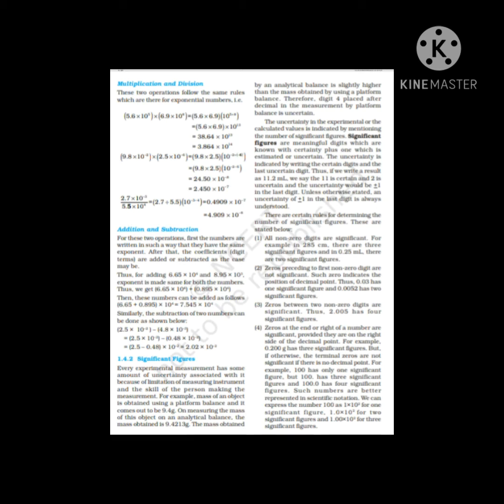Then our next point is significant figures. Every experimental measurement has some amount of uncertainty associated with it because of the limits of the measuring instrument and the skill of the person making the measurement. For example, the mass of an object is obtained using a platform balance and it comes out to be 9.4 gram.